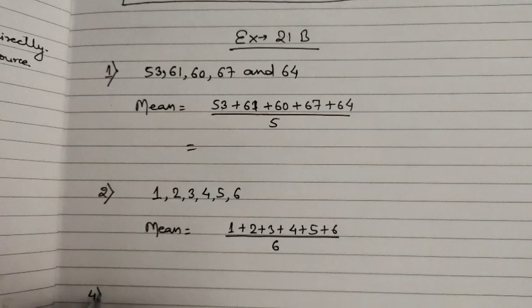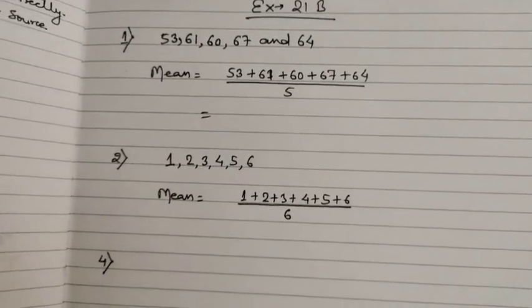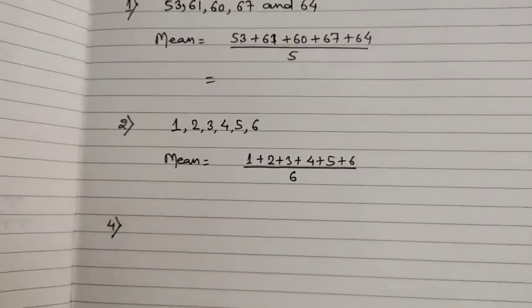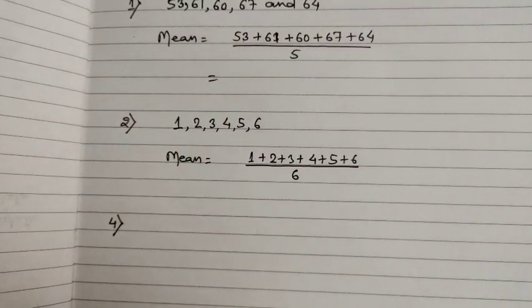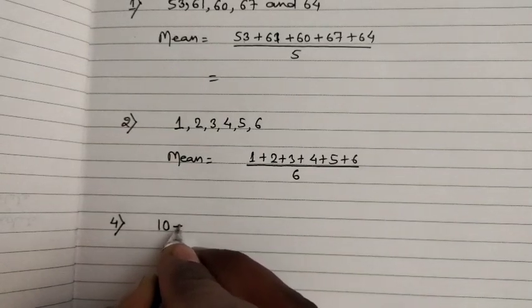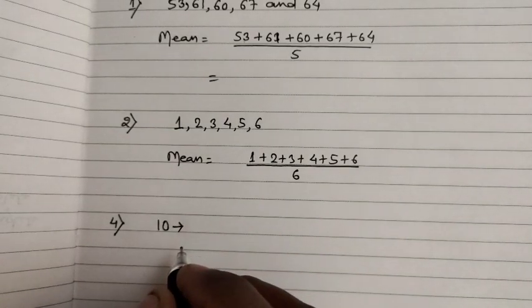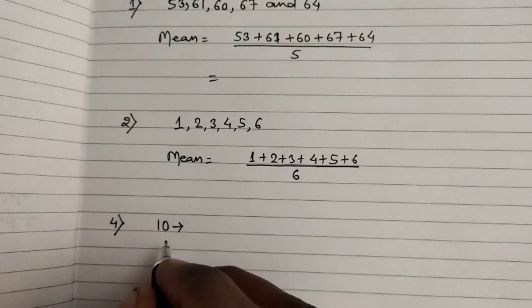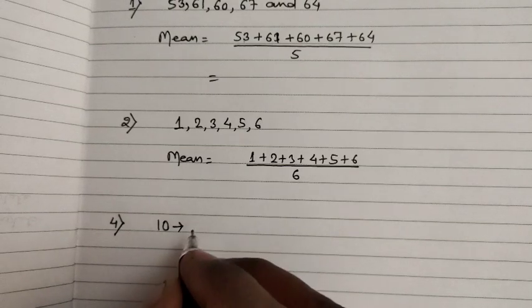I am going to make you understand question number 4. Question number 4 is saying find the mean of all the factors of 10. Factors of 10 means the numbers by which we can divide 10 and the remainder should be 0, like 1.